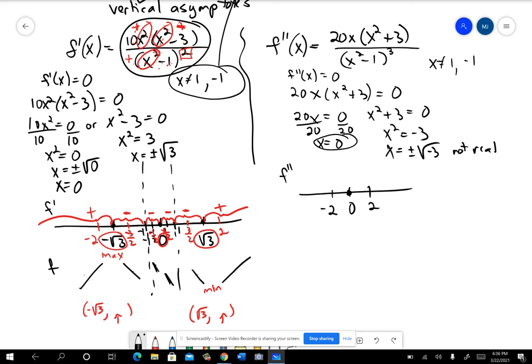All right, when we plug -2 in, what we'd have here is negative. This would be positive. -2 in there would be 4 minus 1, which would be positive. When you cube it, it would be positive. So overall, if you have a negative times a positive, that's going to be negative.